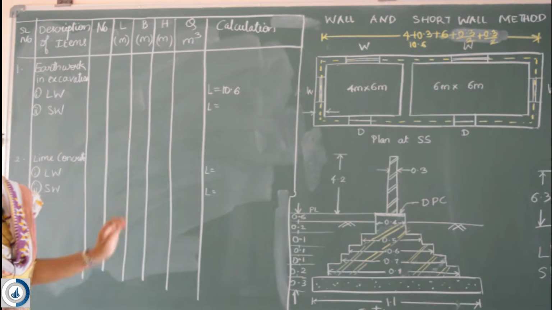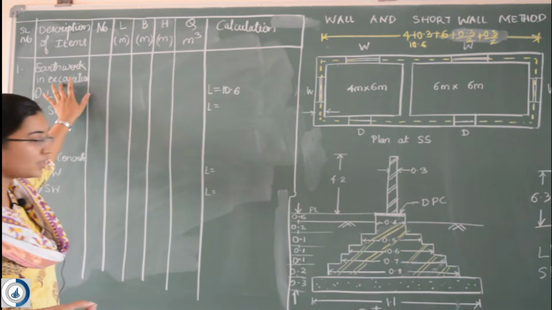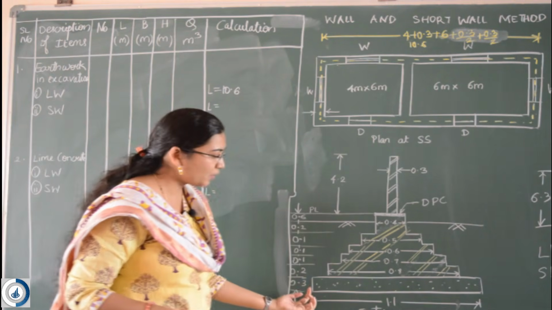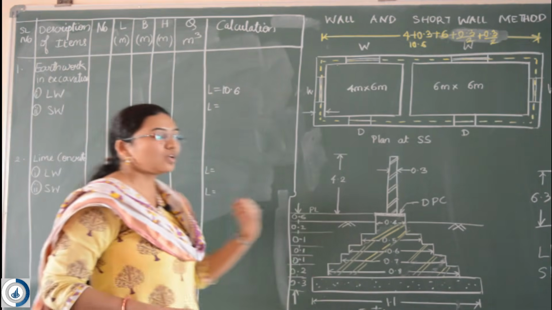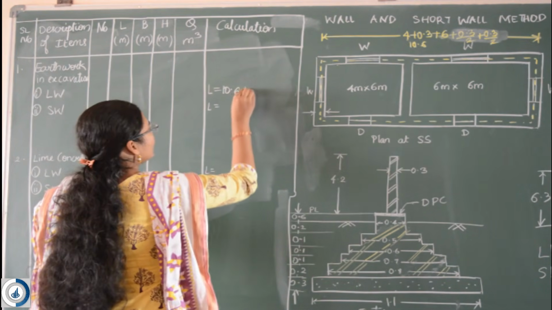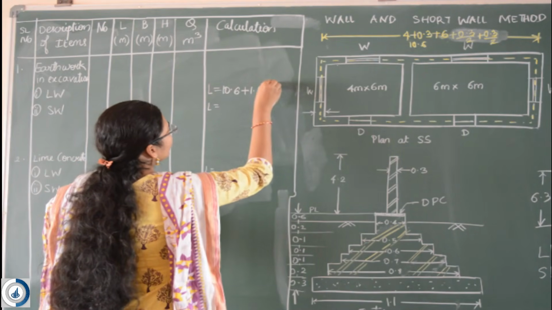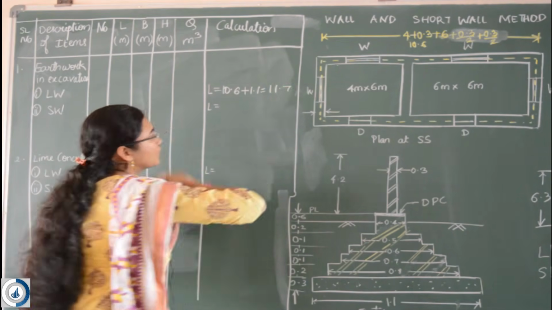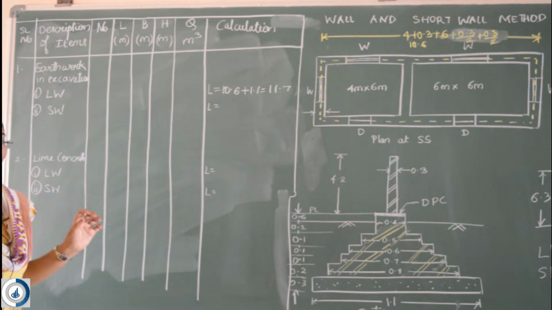For the long wall, we have to add the wall thickness. So for excavation, we are going to excavate till here, and the distance is 1.1. So we have to add plus 1.1. So this will be 11.7. So 11.7 will be the long wall distance.